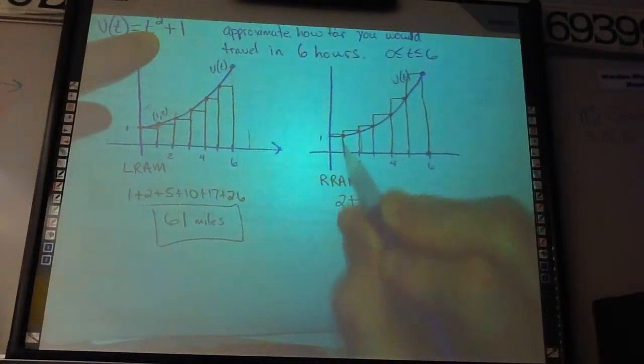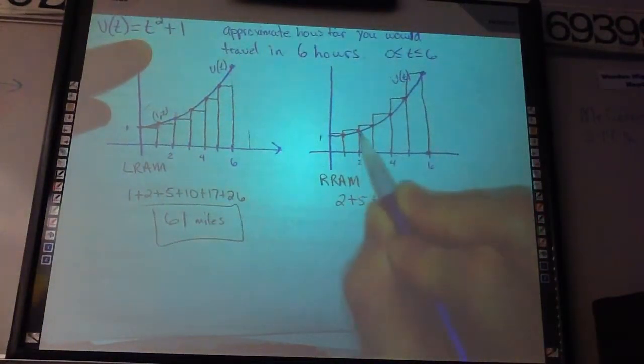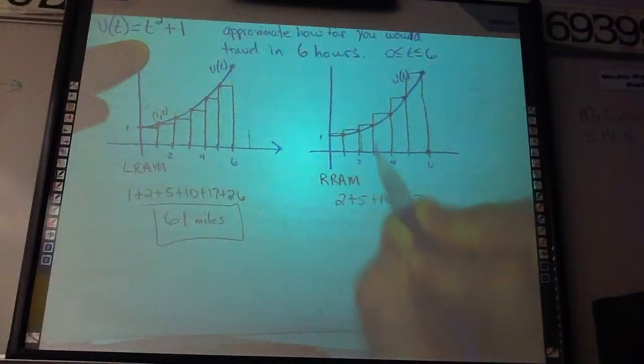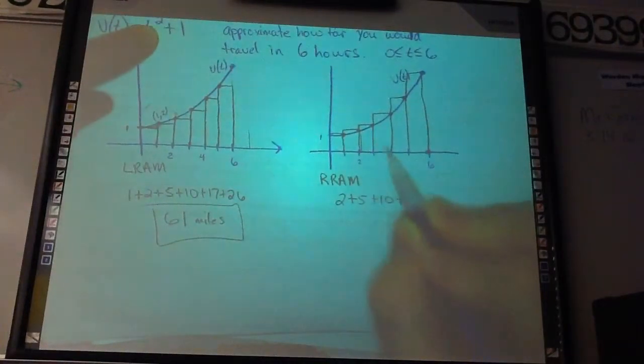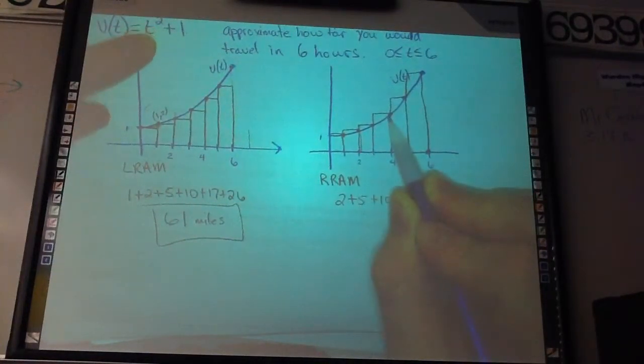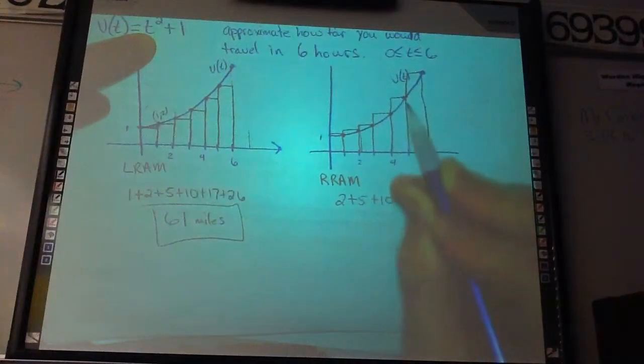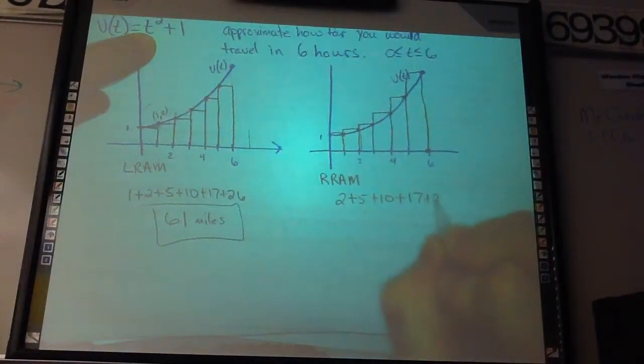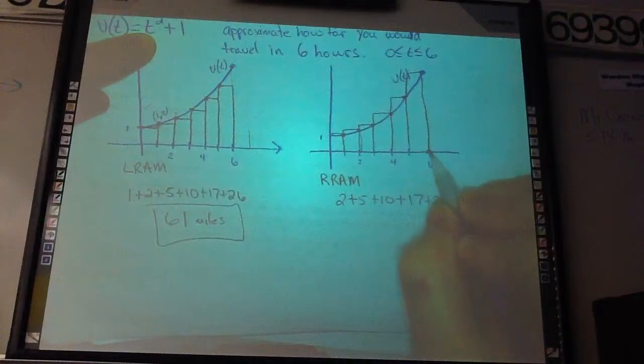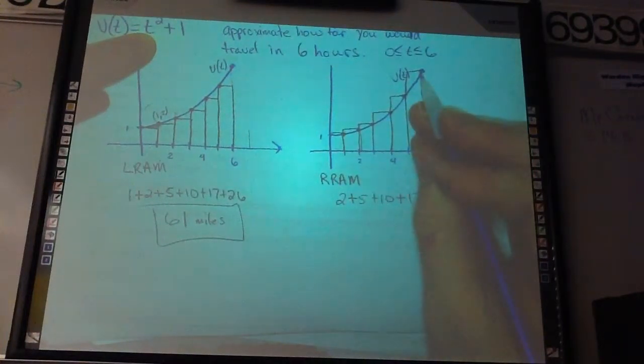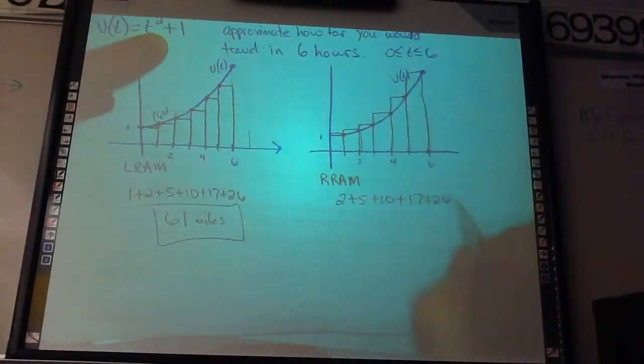If I plug in 1, I get 2. Plug in 2, that height would be 5. Plug in 3, that height would be 10. Plug in 4, that height would be 17. Plug in 5, that height would be 26. But then I also have to do this one. So plug in 6. 36 plus 1 is 37.